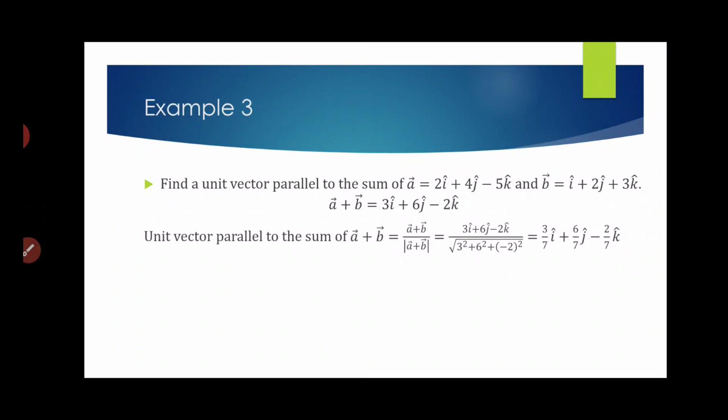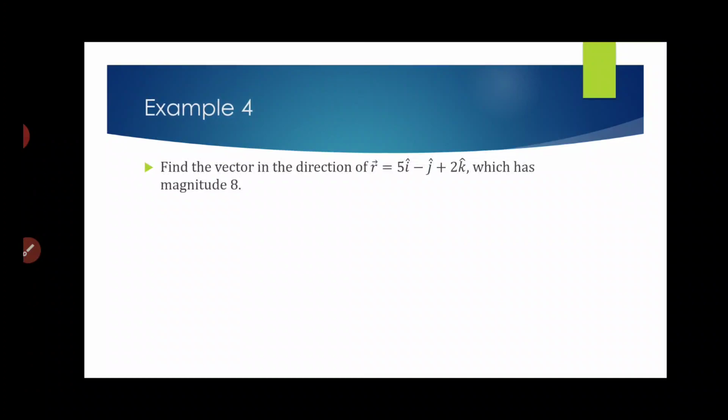Fine. Number 4. Find the vector in the direction of r given by 5i minus j plus 2k, which has a magnitude 8. Now first we need to find out the unit vector. Unit vector is the vector divided by its magnitude, and that comes out to be 5i minus j plus 2k by root 30, and as this is a unit vector, its magnitude is 1.